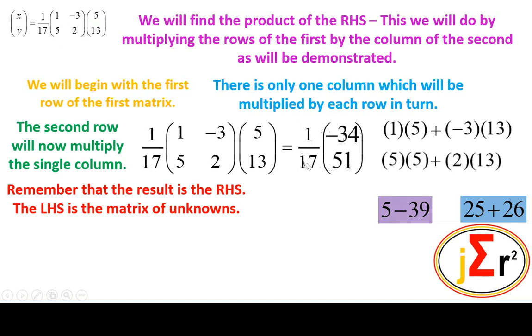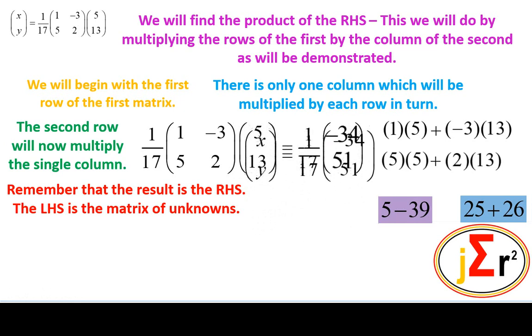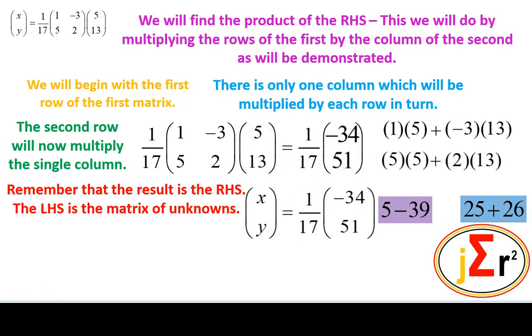The left-hand side is the matrix of unknowns. Therefore, x y will be this result. Whatever we have here will be equal to the matrix of unknowns. And it is copied down exactly, with the exception that we understand that the left-hand side should be the matrix of unknowns.